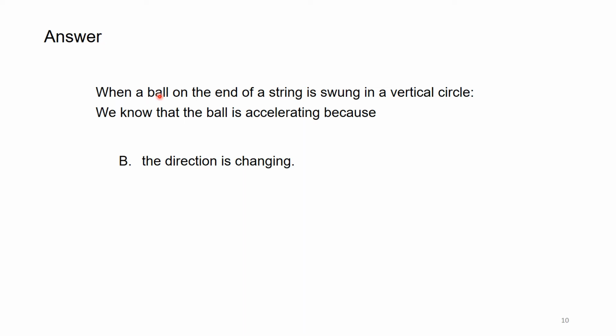So it could be moving faster at the bottom of the circle and slower at the top. You could do that too. In that case, C would be the right answer. However, the question doesn't tell us anything about the speed. It could be the same, it could be different as it moves. So B is the safe answer. The direction is definitely changing. The speed may or may not be changing.